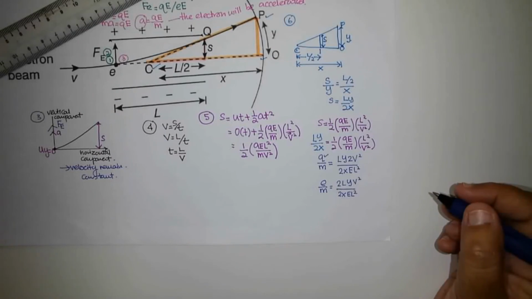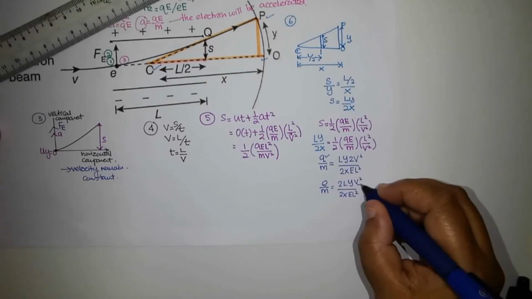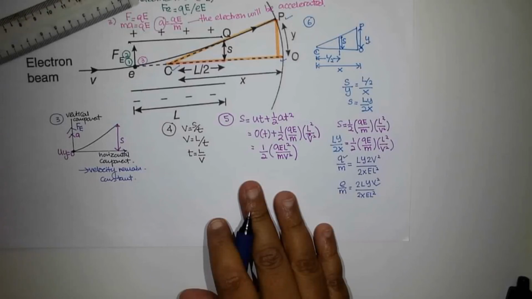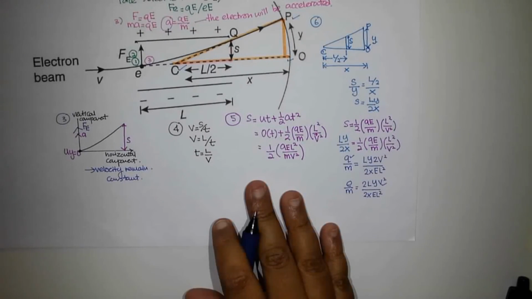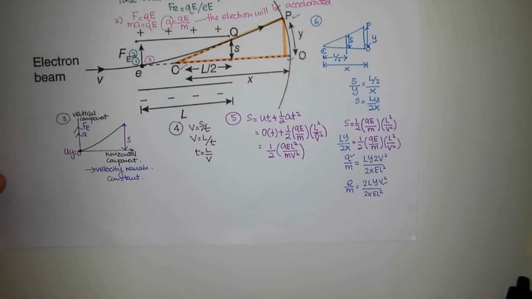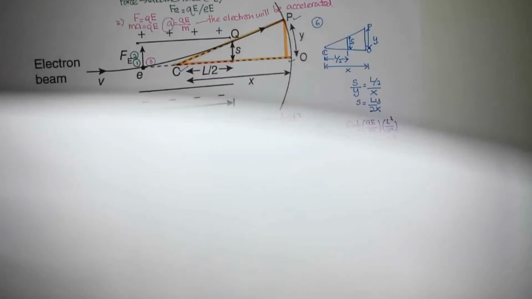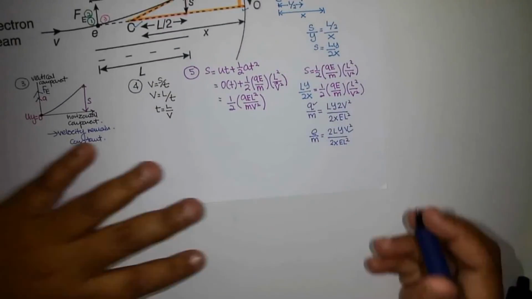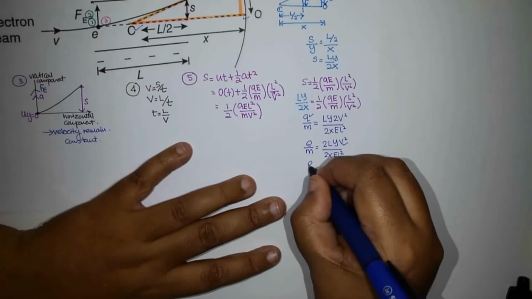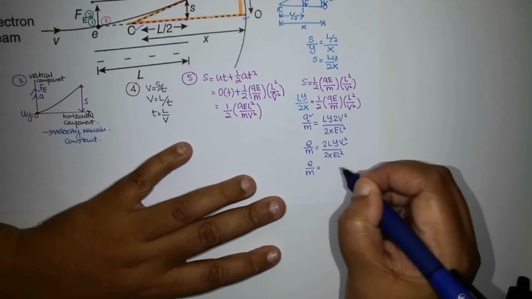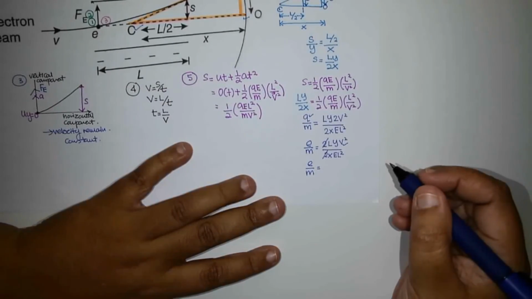And then this velocity, we go back to the concept of v equals E over B, the first part, which we found here. v is equal to E over B. So we substitute here, we get e over m equals 2 and 2 we can divide.